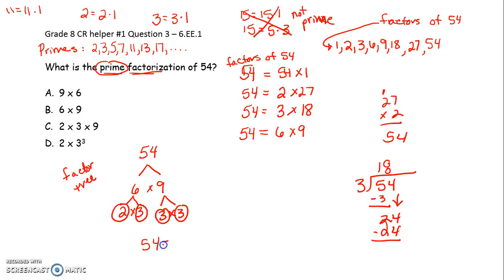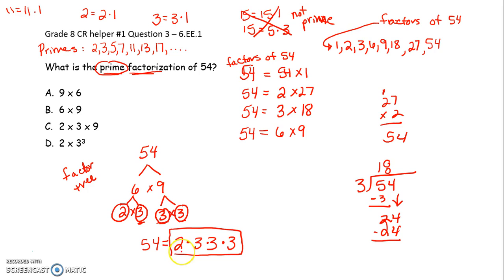So 54 is equal to 2 times 3 times 3 times 3. Let's just double check. 2 times 3 is 6, 6 times 3 is 18, and 18 times 3 does get us back to 54.